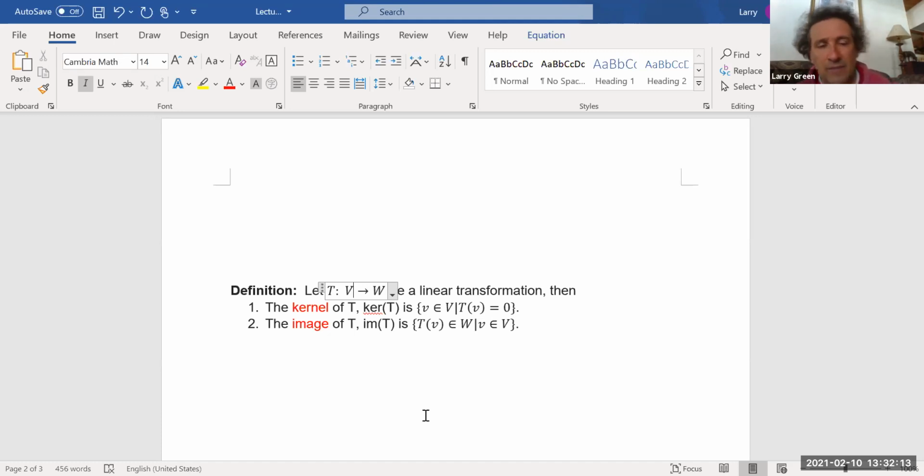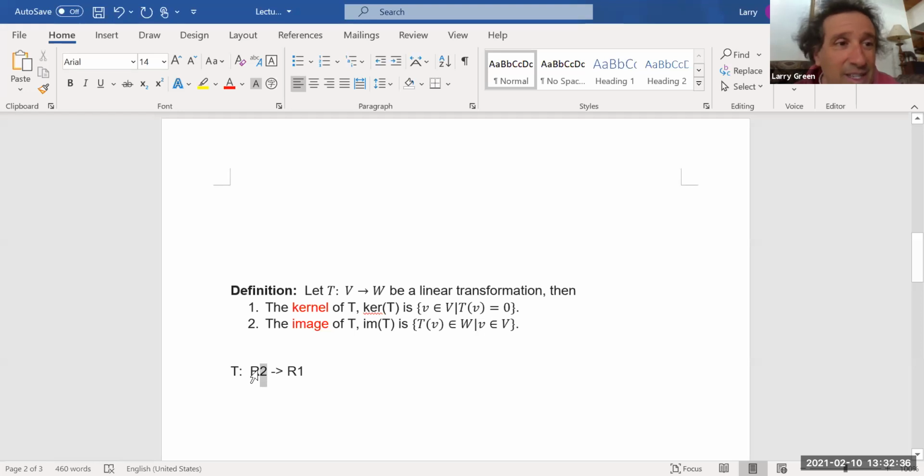We've already learned how to find them, but maybe I'll do an example. I think it's worth it. Let's suppose T goes from R2 to R1. Make a nice, easy vector space.